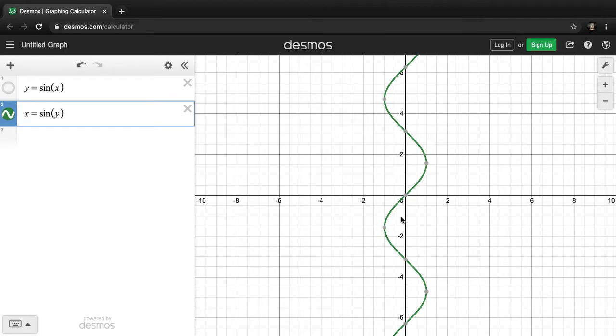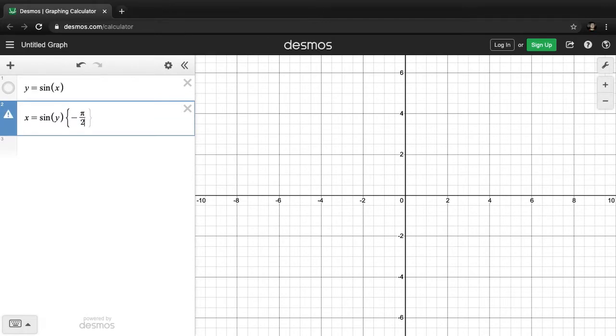It doesn't pass the vertical line test. So I have to narrow down where I'm looking at it, and we narrow it down from negative pi over 2 to positive pi over 2, because if we narrow it down to there, we have something that's a function.